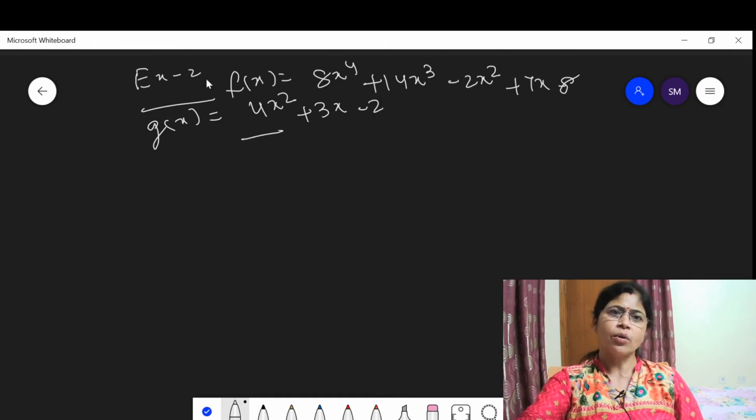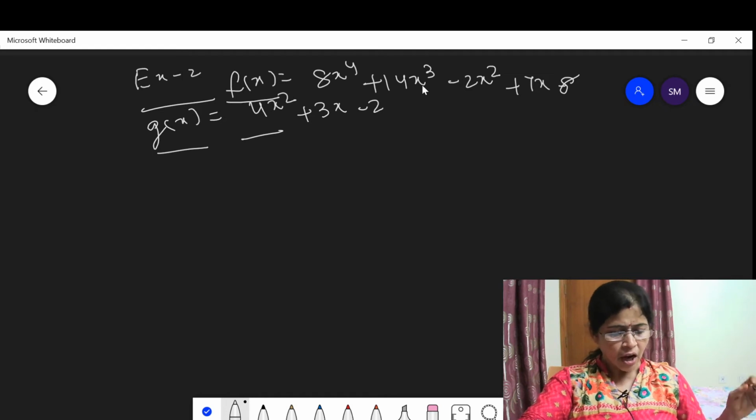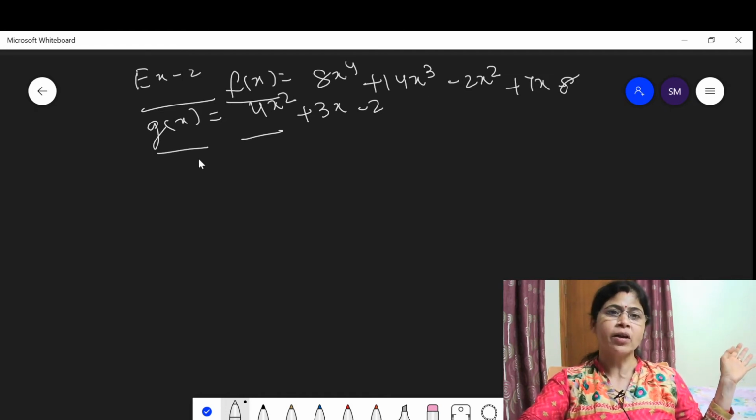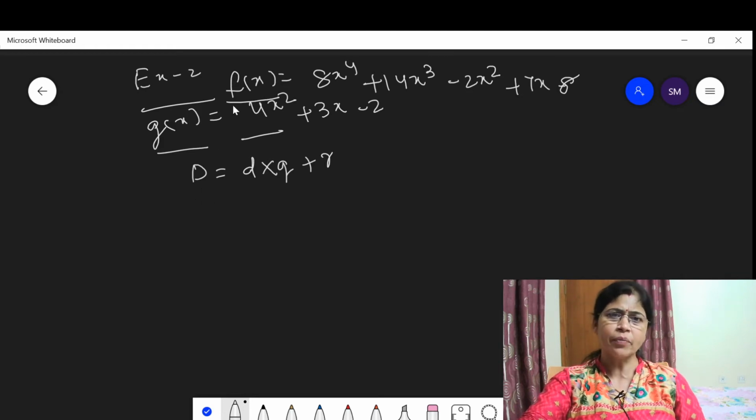What should be subtracted from f(x) so that it is divisible by this? This means we have to find the remainder, as we know that dividend is equal to divisor into quotient plus remainder. Here you have to find the remainder. What should be subtracted from this?